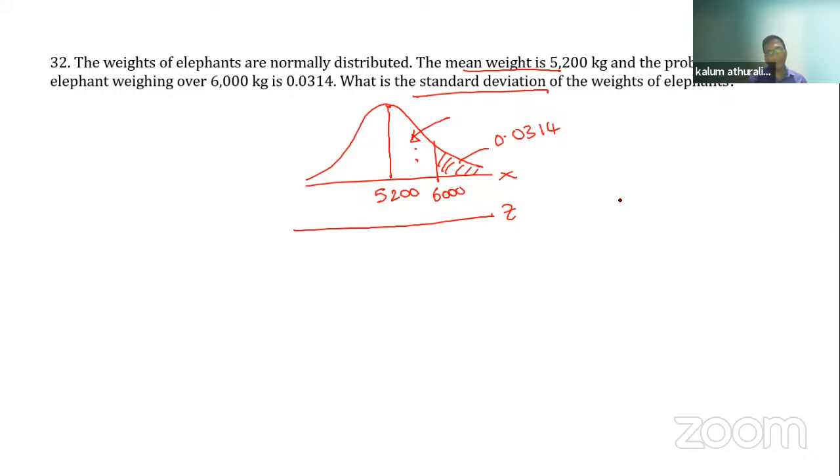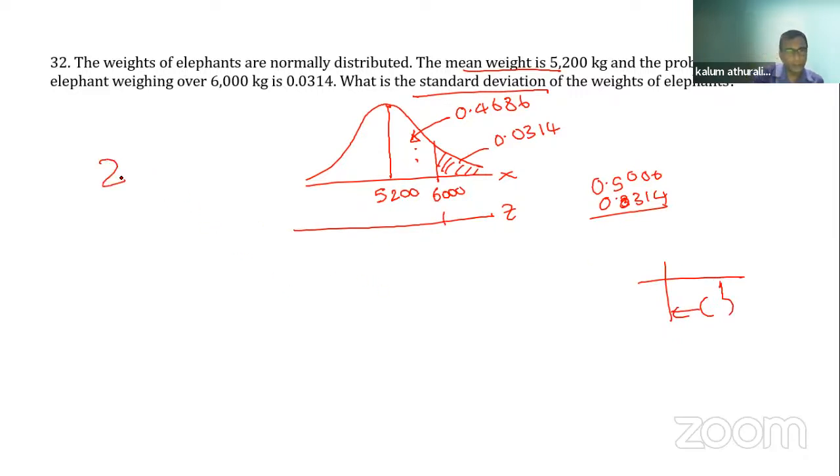How to get this area? 0.5 minus 0.0314, and the answer is 0.4686. Check this value using the table and get the Z value, and using the formula Z equals X minus mu divided by sigma, you can get the value of sigma.